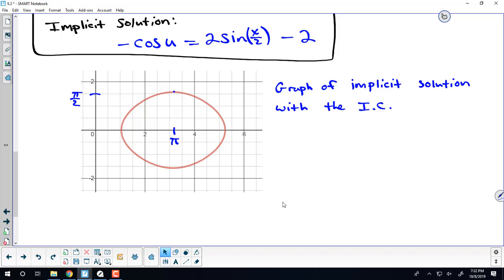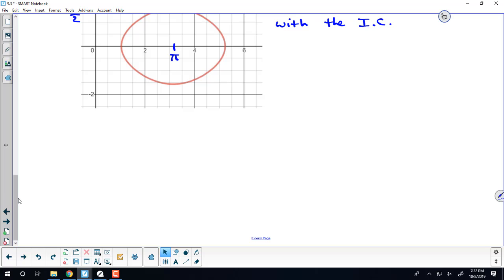What is the inverse cosine output? Values between where and where? 0 and pi. So looking at the explicit solution can tell us for sure: is this whole red thing an actual solution, or is it just the top half, maybe just the top portion where our initial point lies?